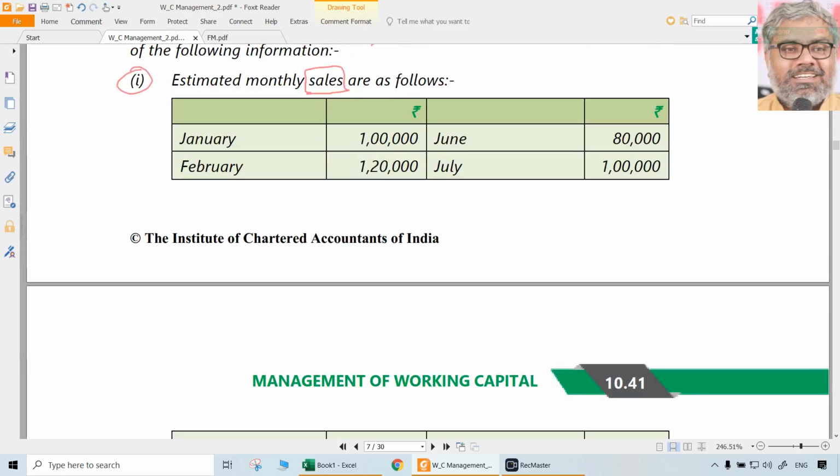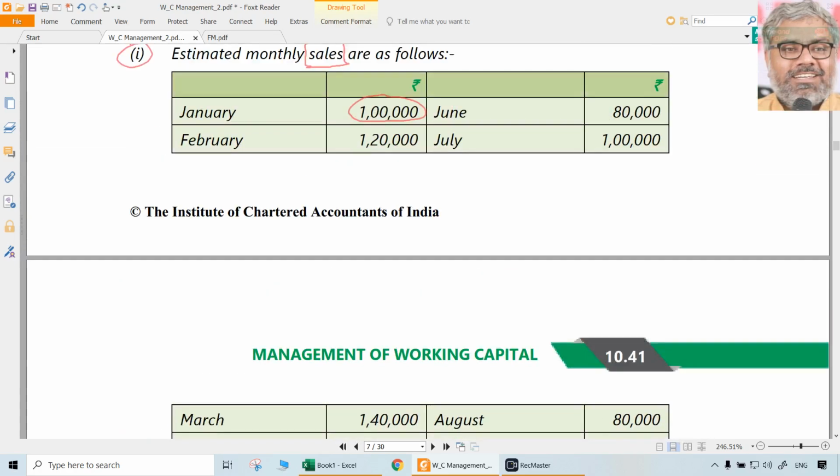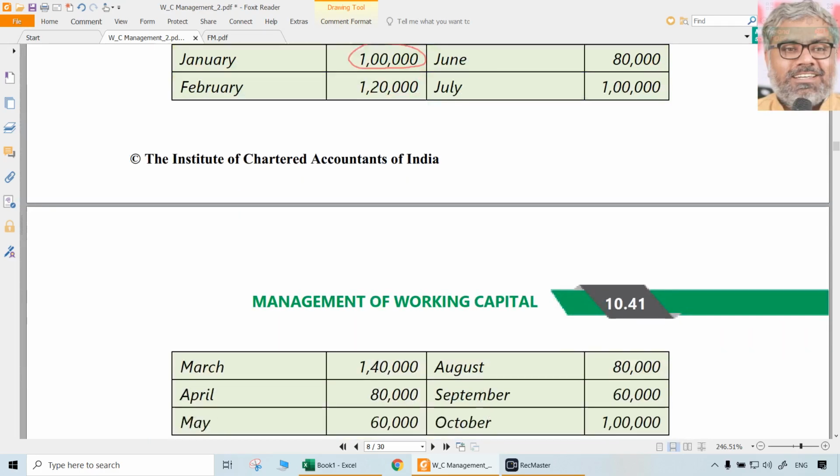Let us say sales happened in January. If sales happened in January, 80% of that is credit sales in January. When that will be received? It will not be received in January. According to this, 75% will be collected within 1 month after the sale. So that will be received in February. And the remaining 25% will be received in March.